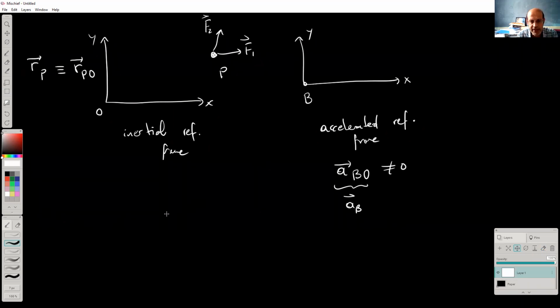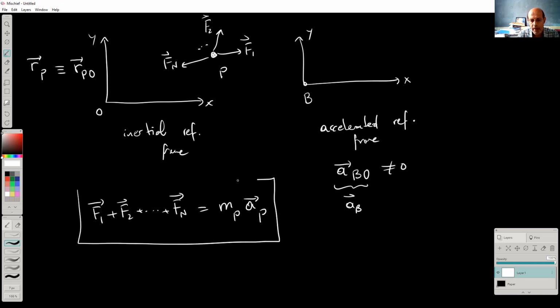In any case, I'm going to write the equation like this: the sum of all of these forces, F1 plus F2 plus ... let's say Fn, there might be some other forces acting on these, is equal to the mass of that particle times the acceleration of that particle, right? So that's Newton's second law. So that's basically in the O frame, because this is the acceleration relative to O.